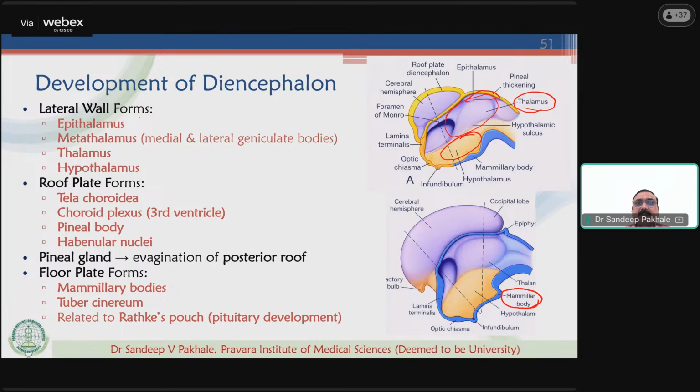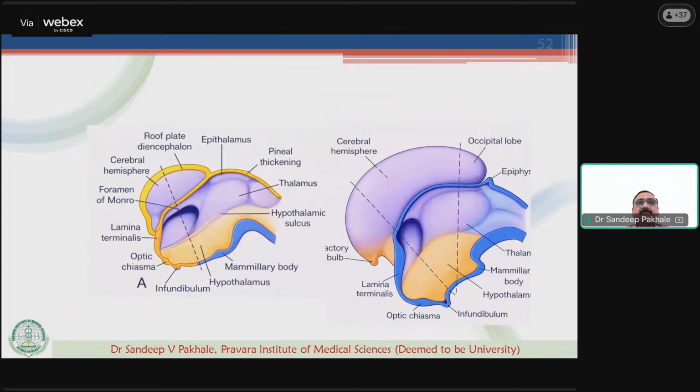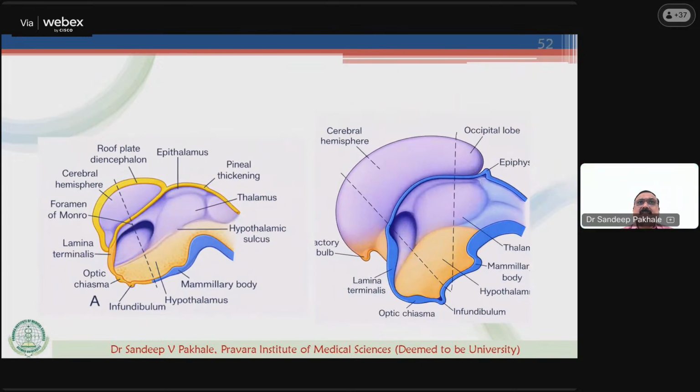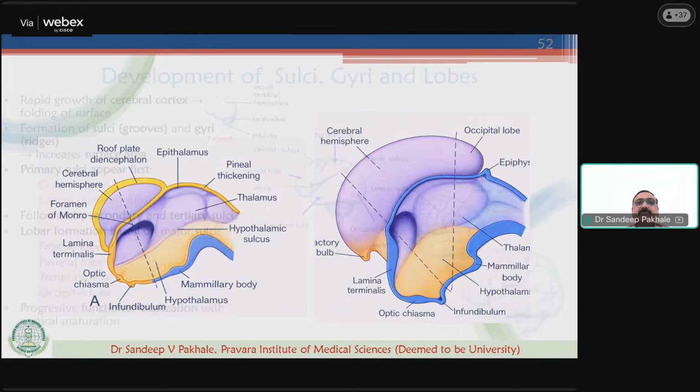We are going to see the development of the pituitary in detail as well. So the diencephalon shows a clear structural organization into roof, wall, and floor, with derivatives of distinct function.